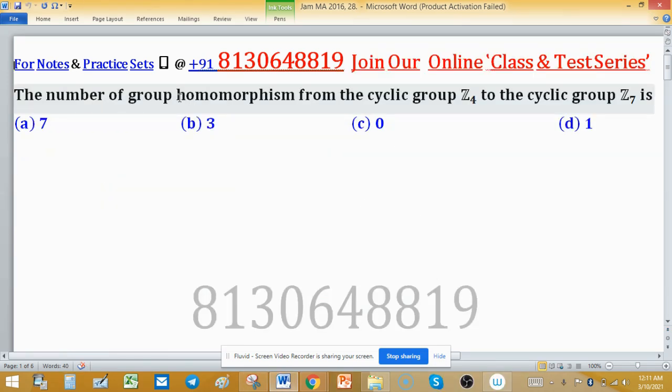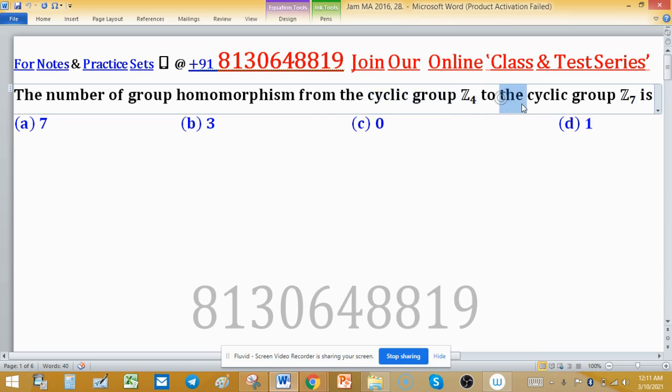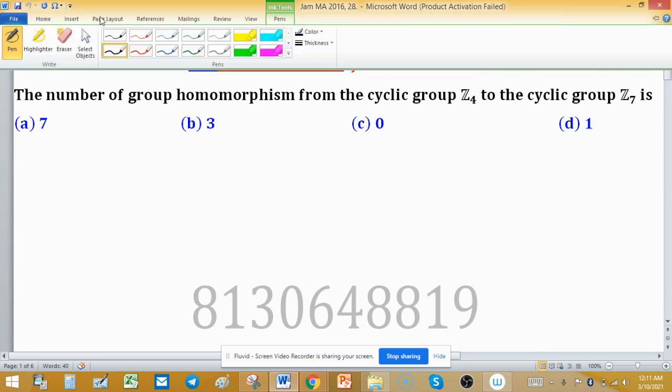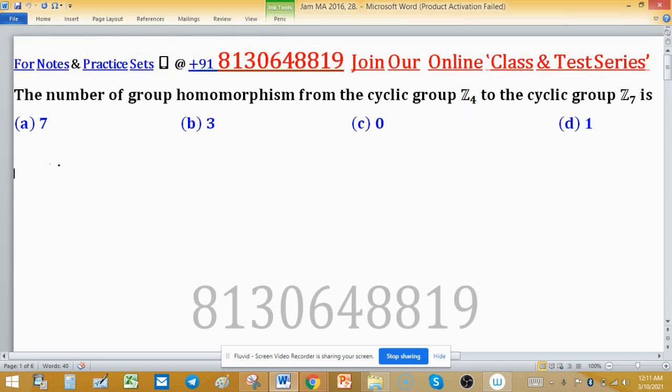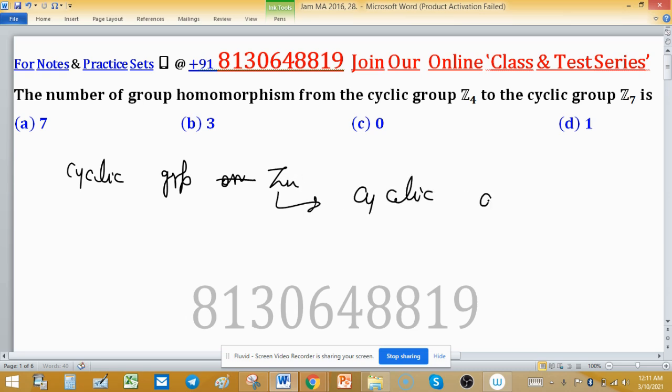The number of group homomorphisms from the cyclic group Z4 to the cyclic group Z7 is? In general, the given information is the cyclic group Zn, and this group is cyclic as well as abelian with respect to the operation of addition modulo n.